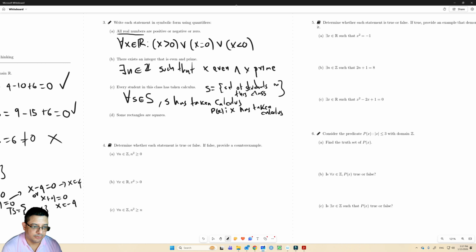And if you do that, then you can just write for all s that belongs to S, then you have P of x. Now, we have some rectangles that are squares.